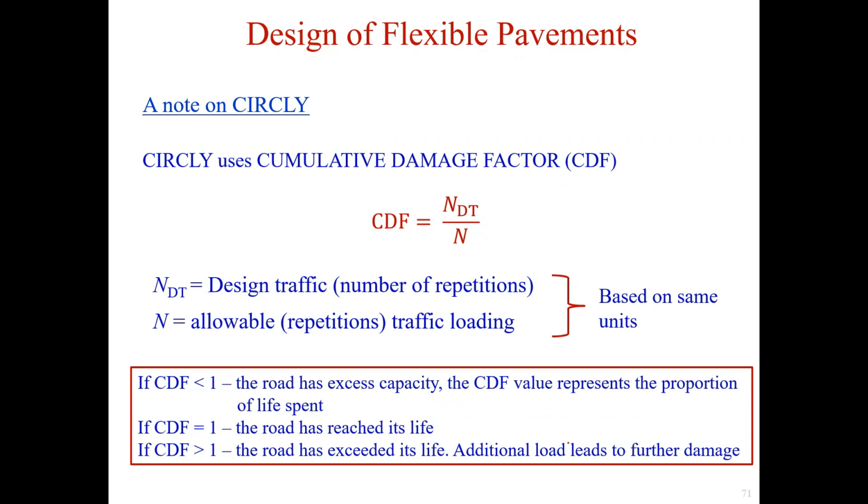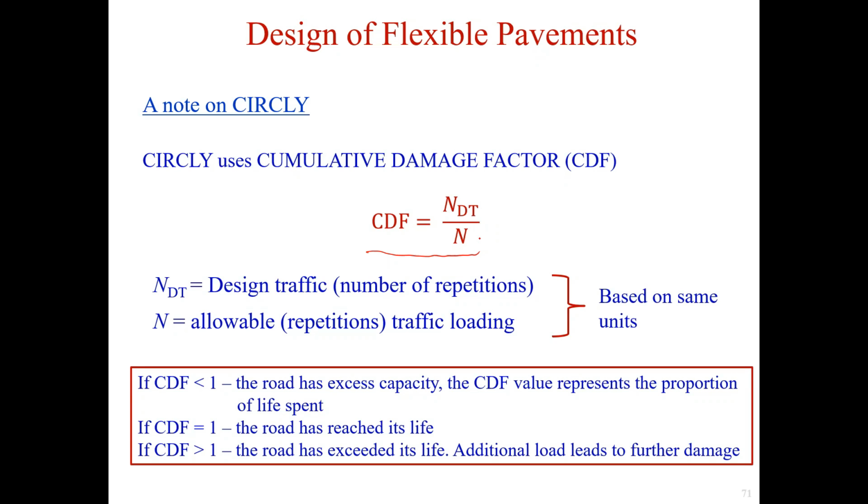For the CIRCLY software, it uses the cumulative damage factor, the CDF, which is the ratio of design traffic and allowable traffic loading. They have to maintain the same units to work out CDF. If the CDF is less than 1, then the road is safe with excess capacity, and the CDF represents the ratio of life spent.